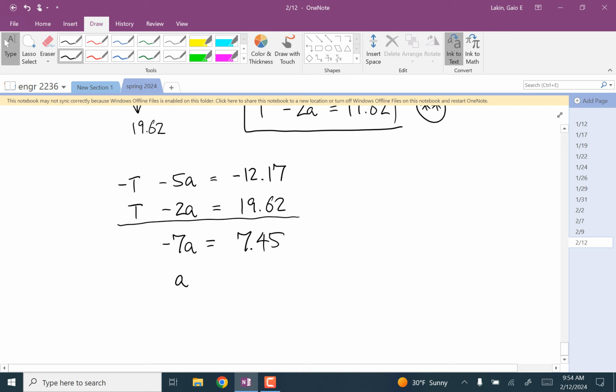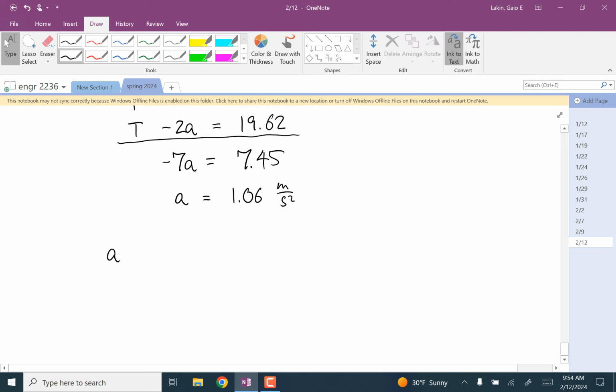And so a is equal to 1.06 meters per second squared. And so the acceleration vector of the 5 kilogram is 1.06, 0. Or down the ramp.